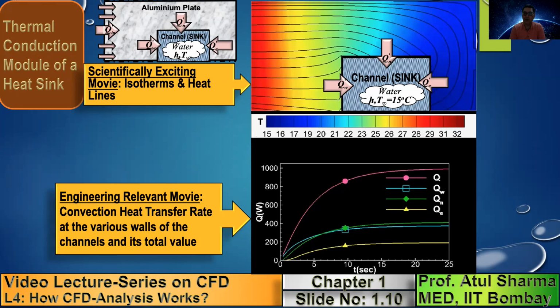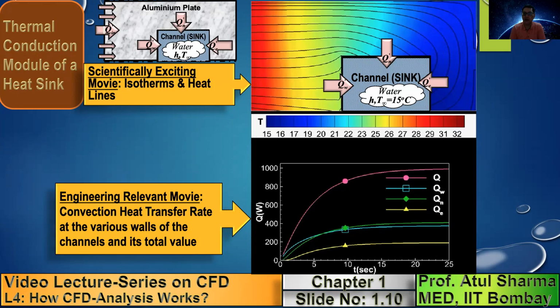So when we plot the rate of heat transfer from the various walls, we observe that the rate of heat transfer on the east wall, which is shown here by yellow color, QE, is minimum, and the rate of heat transfer from the north and the west wall are almost the same.